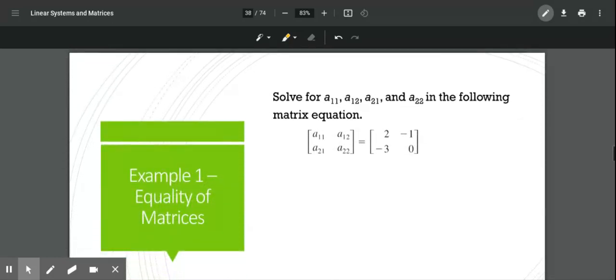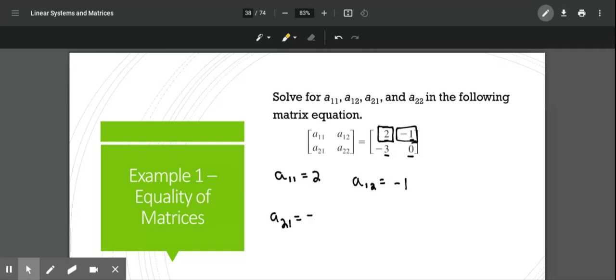So in this first example, if we have to solve for the matrix, really what we're going to do is look at the entries in the matrix we already have and say that A11, which is row 1, column 1, has to be 2, since that's the entry in row 1, column 1. A12, row 1, column 2, would have to be -1.